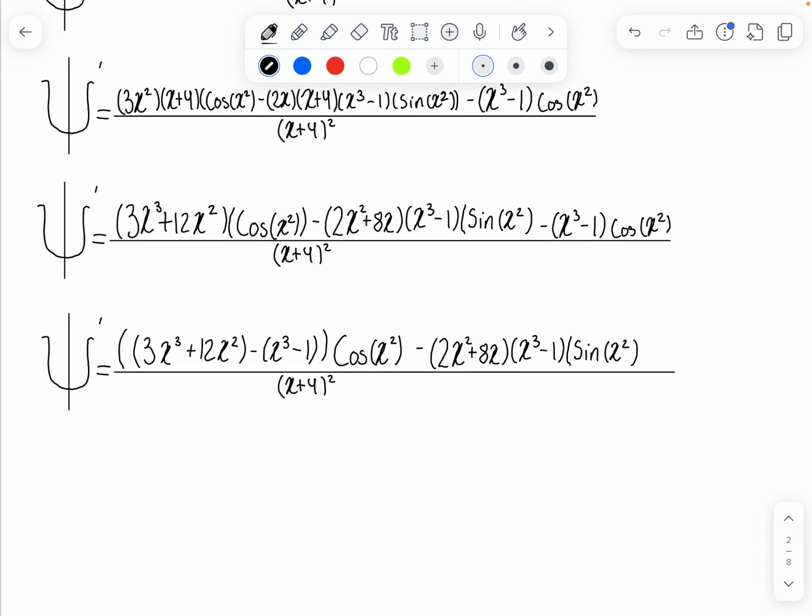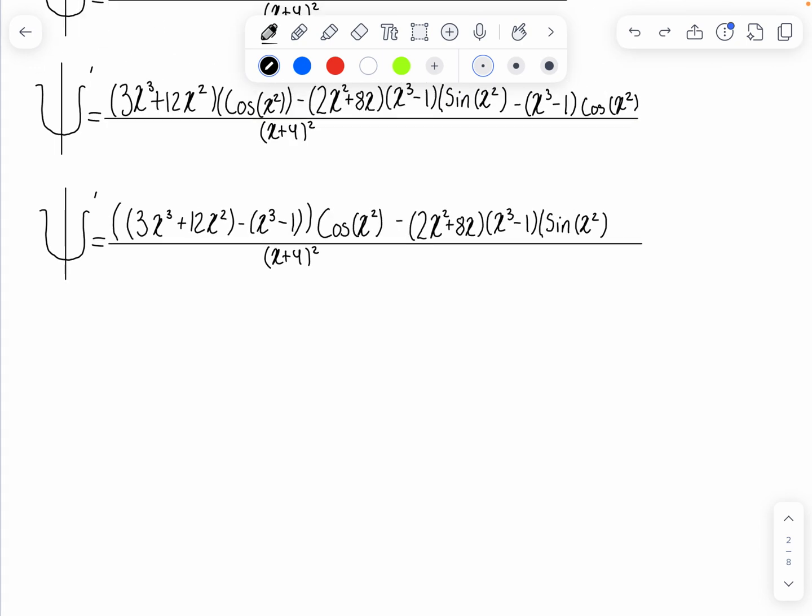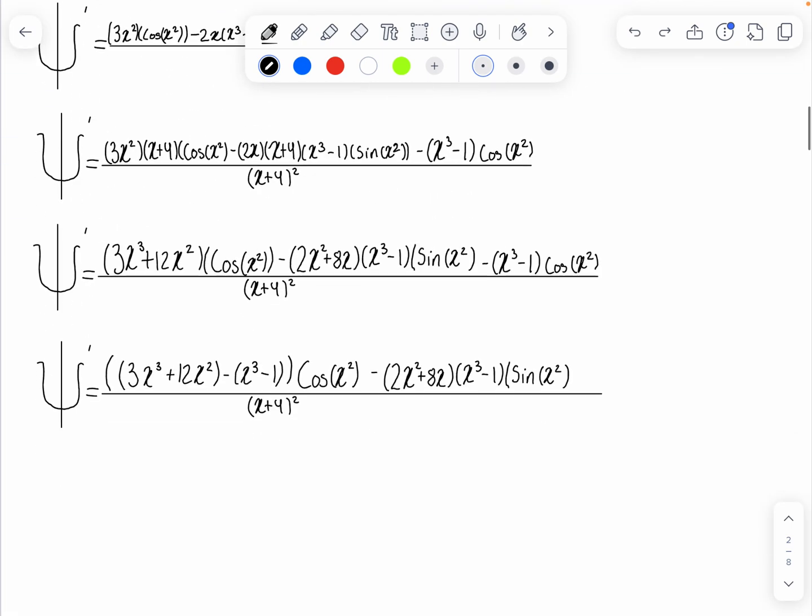Now that we have that, we need to combine these terms. So I'm going to be duplicating everything again.